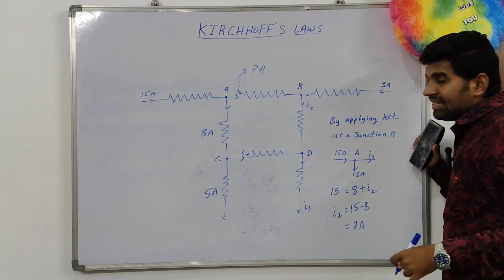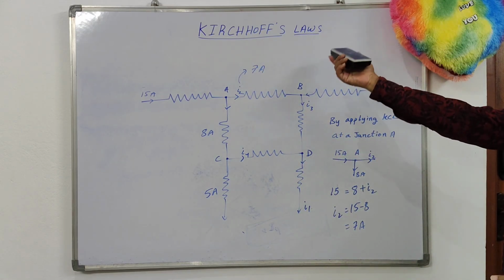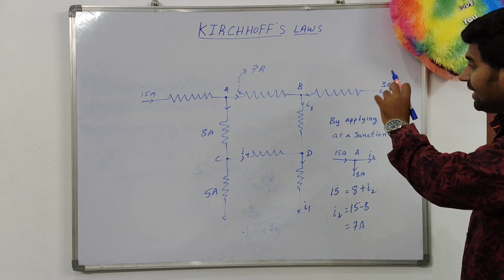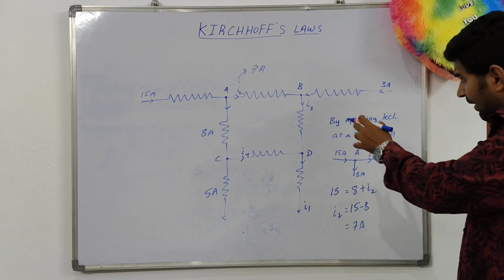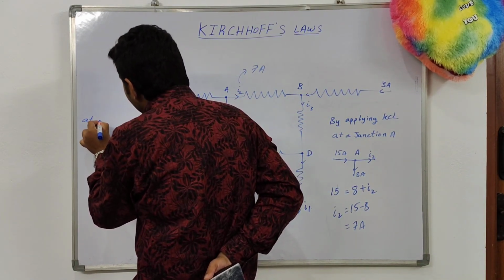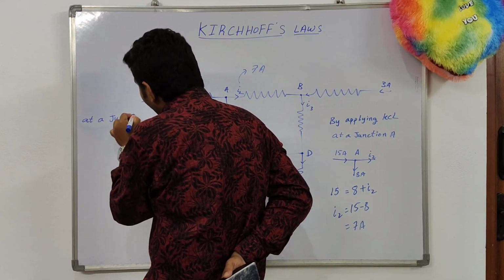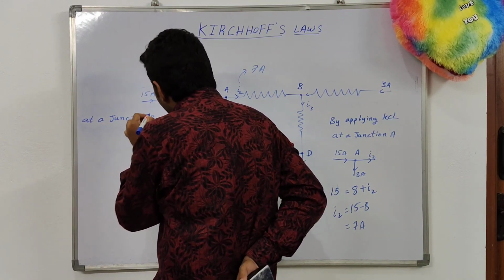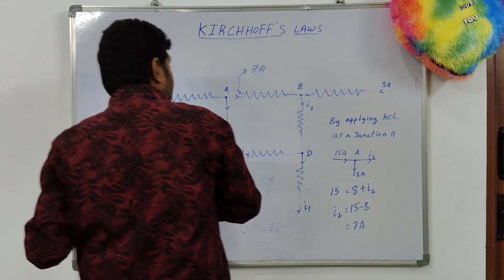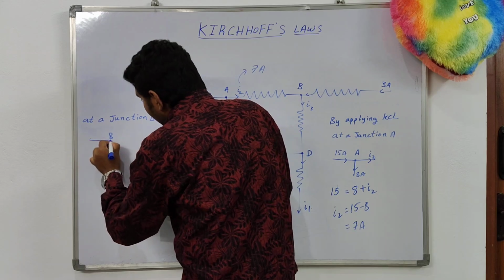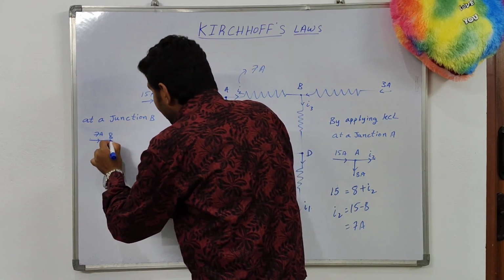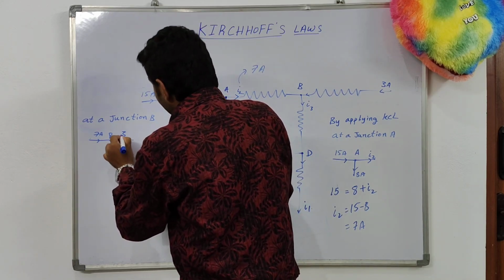Here, what is the I2 value we got? 7 amperes. In the same way, if I want to find out I3, I have to take the junction point B. At that junction point, I have to apply KCL. If you observe B, what are the incoming currents? I2, we already know the I2 value is 7 amperes. Here one more incoming current is also there, 3 amperes.